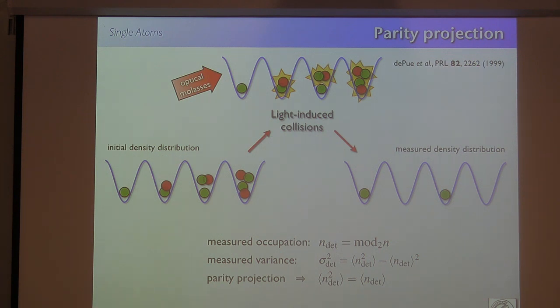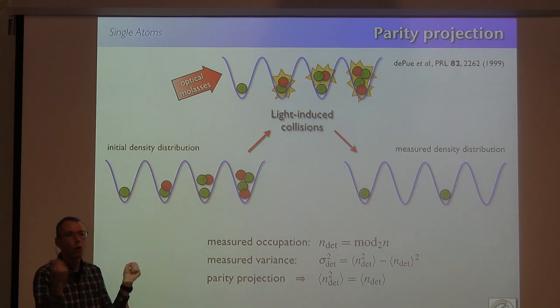In a cartoon picture, whenever you have two particles on a lattice site and you turn on near-resonant light, so much energy is released due to this unwanted light-induced collision process that the two particles are ejected from the trap. Remember, the light potentials are very weak anyway, very shallow. When you turn on light and have two atoms confined, it's like a small bomb going off and the two particles are expelled.